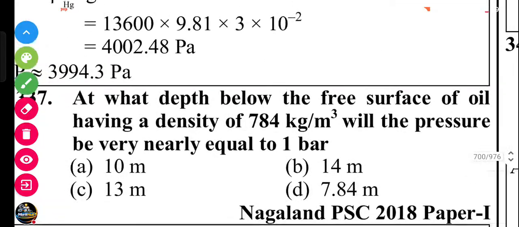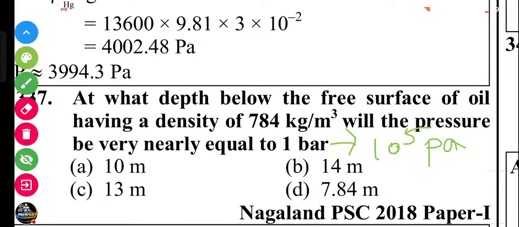Next question, friends. At what depth below the free surface of the oil having the density 784 kg per meter cube is the pressure very nearly equal to 1 bar? 1 bar equal to 10 to the 5 Pascal.